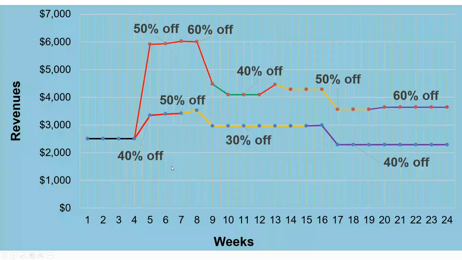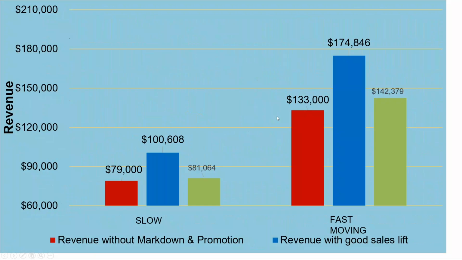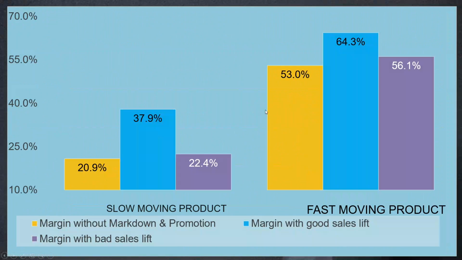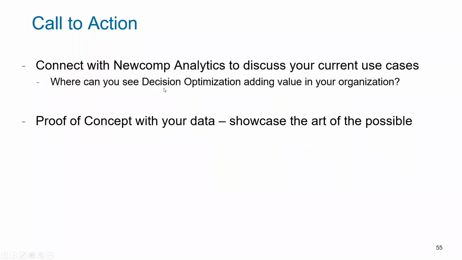So again, these are different scenarios of how you can maximize your revenues. And again, we're going to provide you with these. So to summarize, what we provide to you today is an idea about types of problems you can solve and vertical areas where you can apply it.